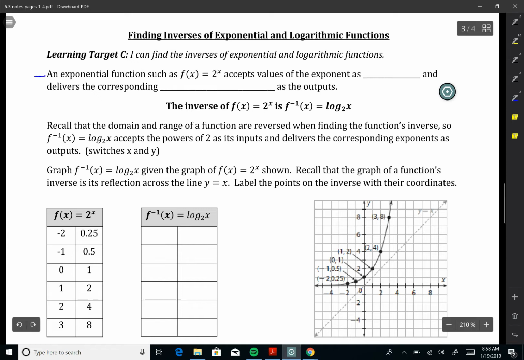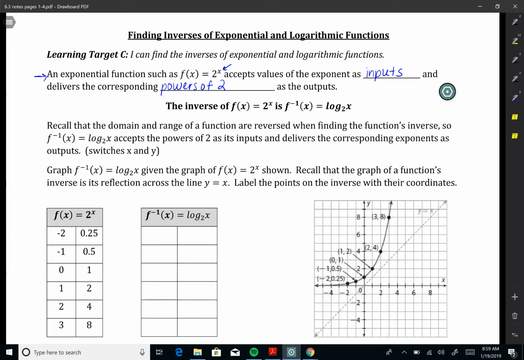An exponential function, such as f of x equals 2 to the x, accepts the values of the exponents as inputs. What that means is we plug values into the exponent, where the x is, and it delivers the corresponding powers of 2. We're taking 2 to the power of x as the outputs.